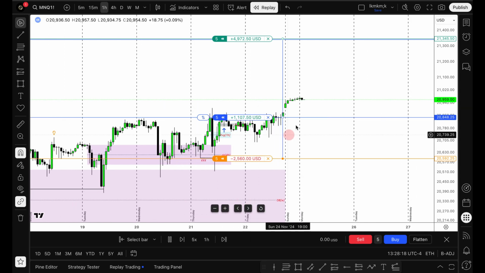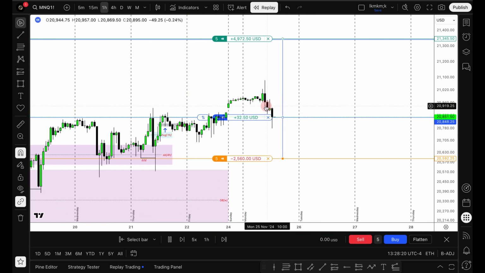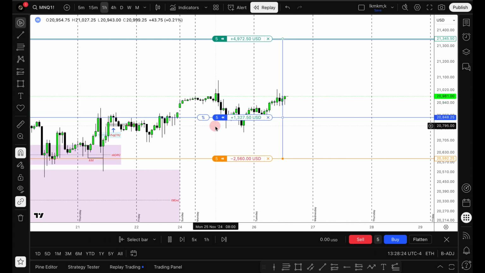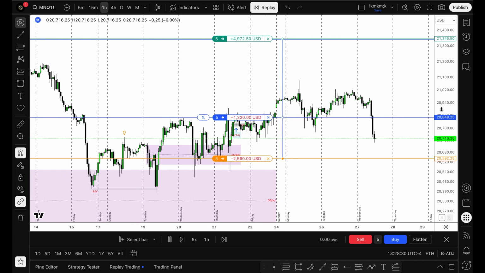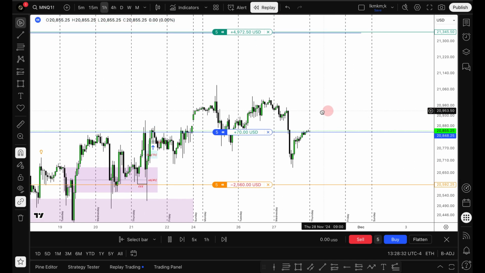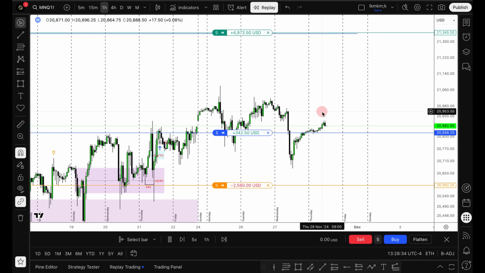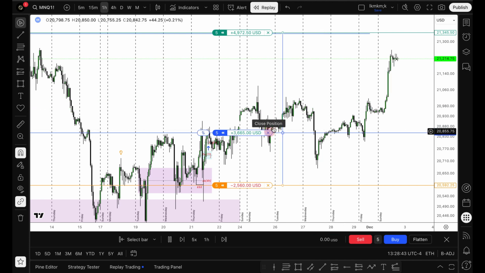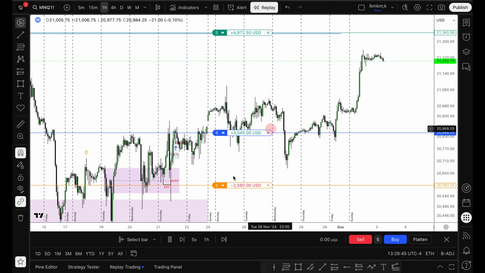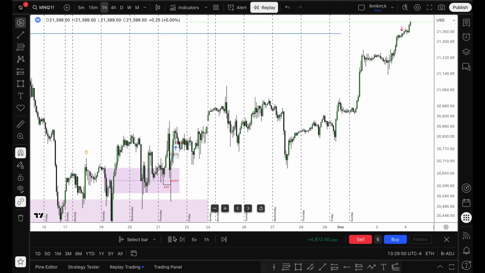That's horrible price action, but it still respected the range that it's in. This is just a quick example. And then we finally moved higher to the upside to reach for our target areas.